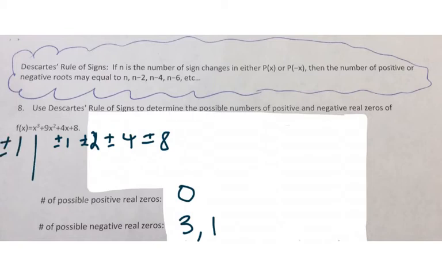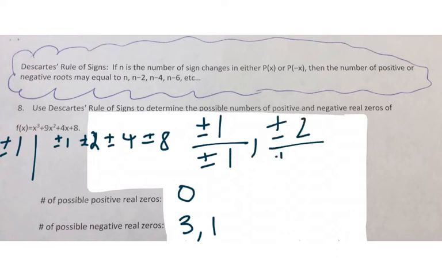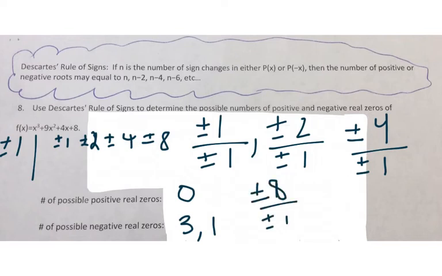So we get all these possibilities. Remember this? Plus or minus 1 over plus or minus 1, plus or minus 2 over plus or minus 1, plus or minus 4 over plus or minus 1, plus or minus 8 over plus or minus 1, right?